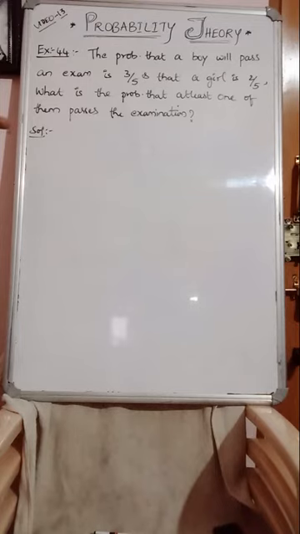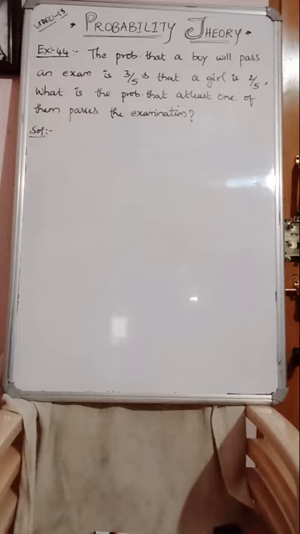What is the probability that at least one of them passes the examination? See, here it is a common examination. Therefore, there is a non-mutually exclusive connection. They are not separate, because the boy and girl are writing the same exam, isn't it? Passing probabilities are different and independently they are writing the exam. Therefore, A and B are independent events here also.